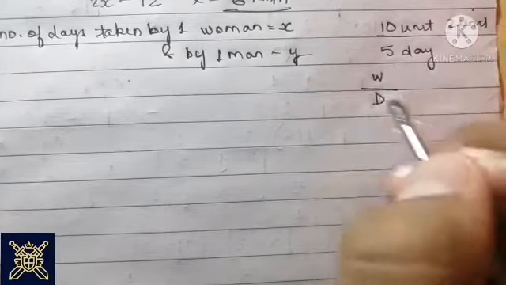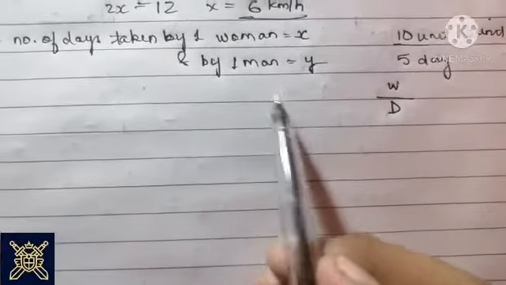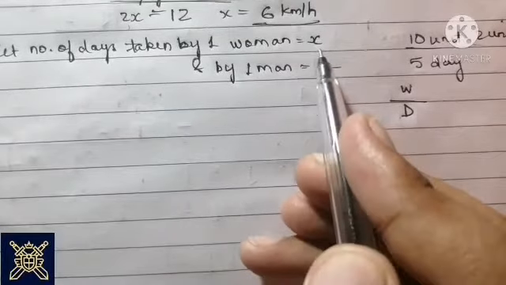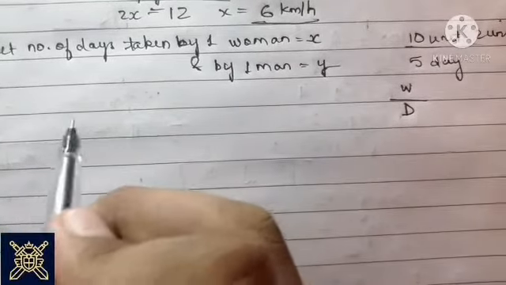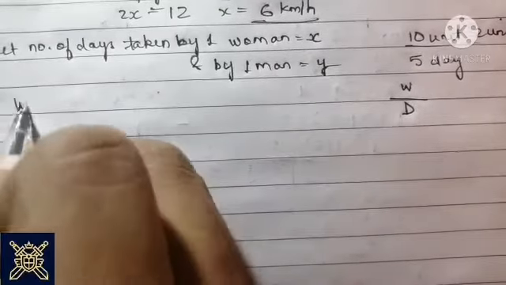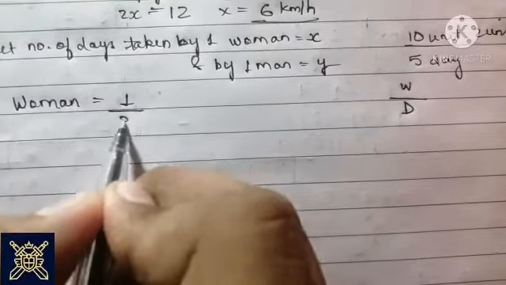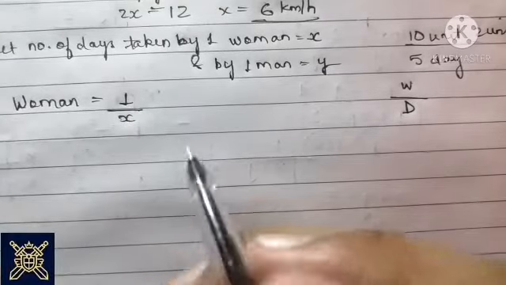Here, since the total number of days is x, therefore the amount of work a woman can do is equal to 1 upon x. Unitary method in simple words.